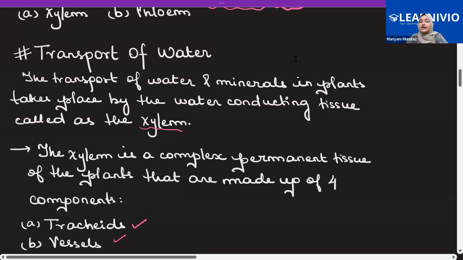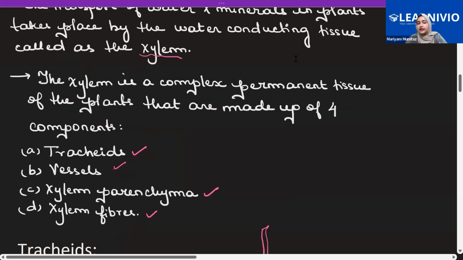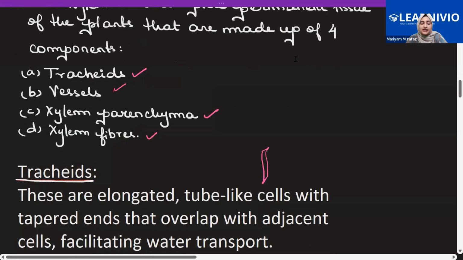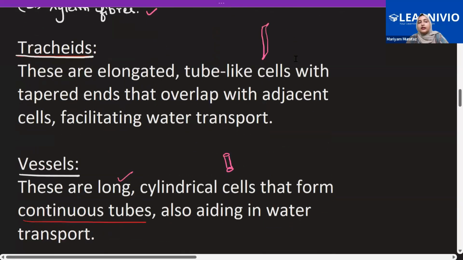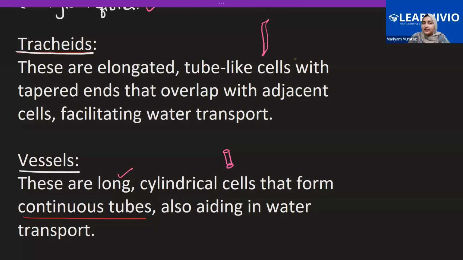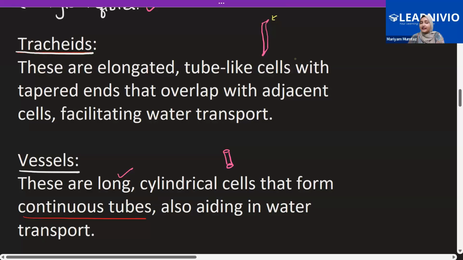And xylem is made up of 4 components: tracheids, vessels, xylem parenchyma, and xylem fibers. Now the tracheids are elongated tube-like cells that have tapering ends. Tapering ends mean they are thin at the ending. And they facilitate the transportation of water.